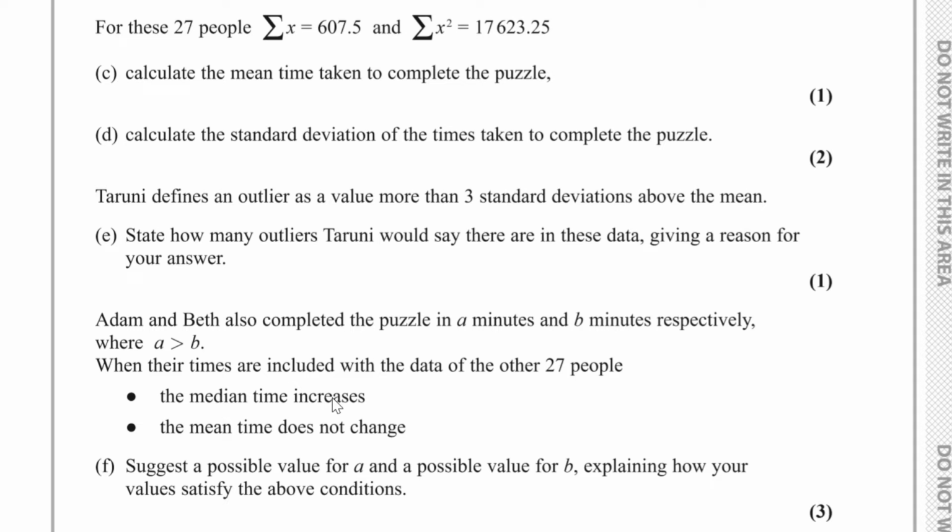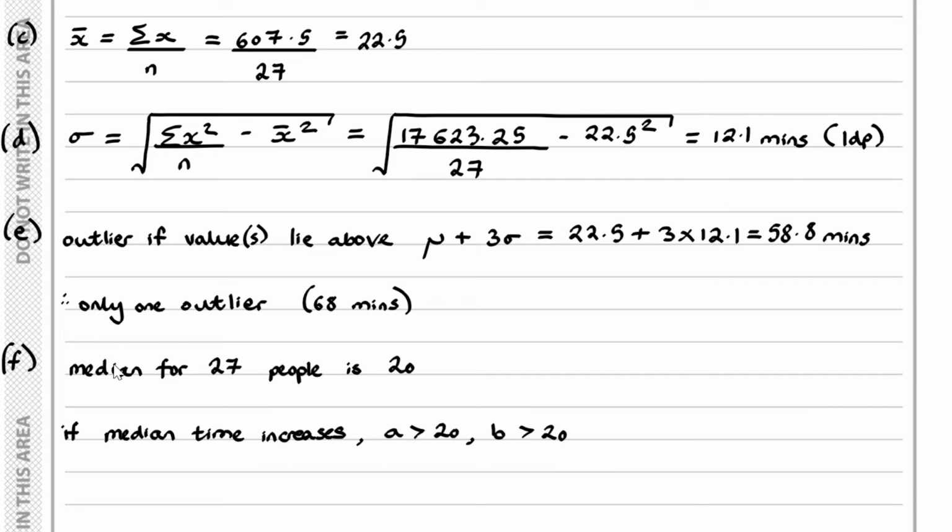And if the median time increases, both the A and the B must be greater than 20. So the median for the 27 people is 20, and if we now include these extra two values, the median time increases, and so A is greater than 20 and B is greater than 20.